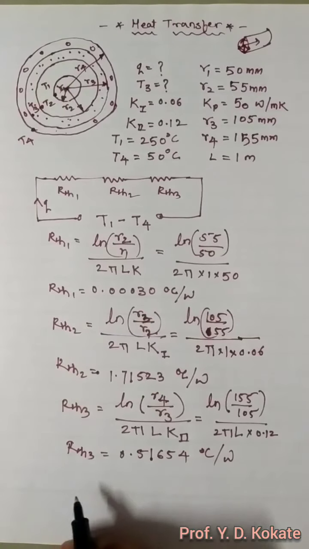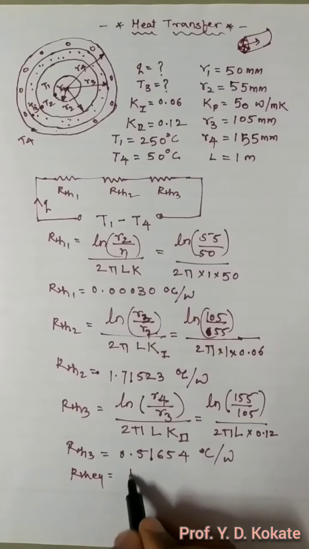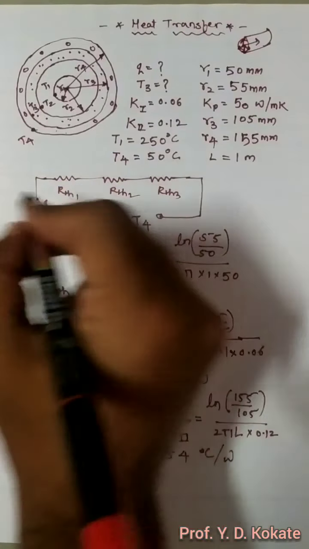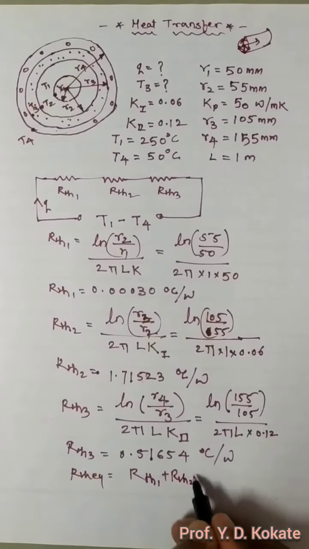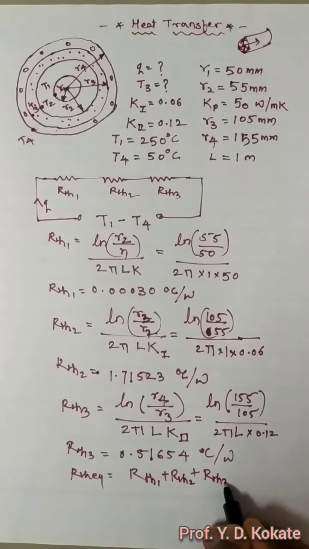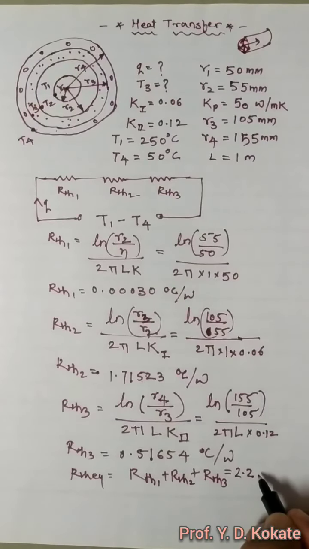Now if I add all these, RTH equivalent, because all are in series, so RTH1 plus RTH2 plus RTH3, I will have a cumulative answer of 2.23207 degrees Celsius per watt.